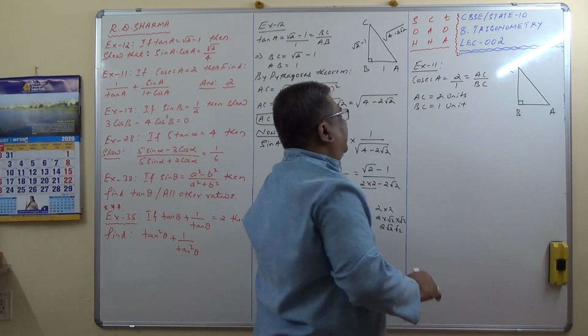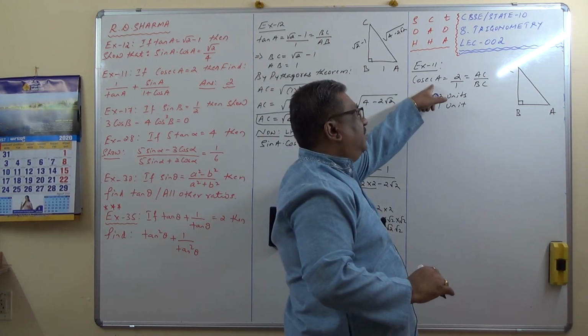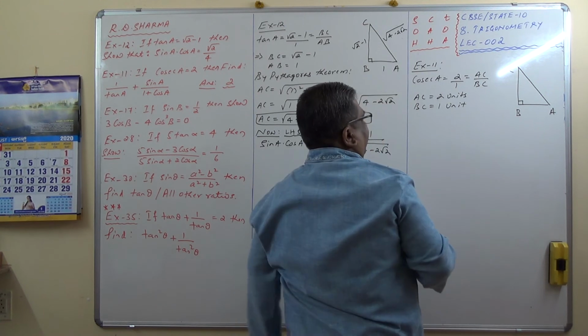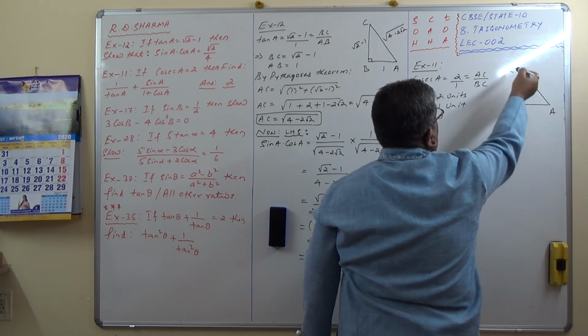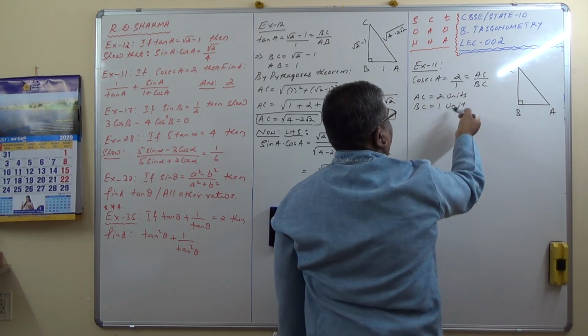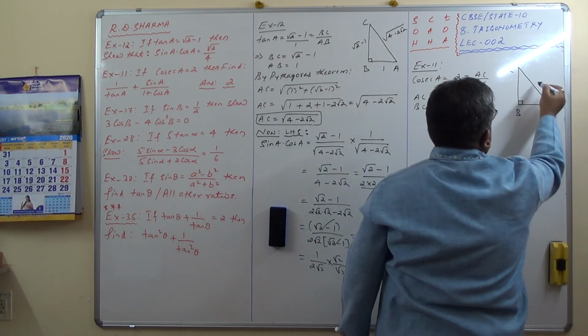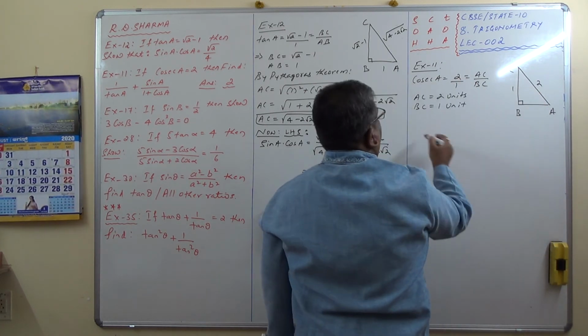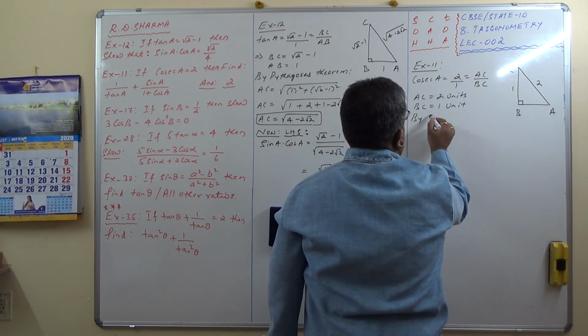I hope you are understanding. Cosecant A is hypotenuse by opposite side, AC by BC, which is 2 by 1. AC equals 2 units, BC equals 1 unit. So AC is 2, BC is 1. Let us find out AB also by Pythagoras theorem.